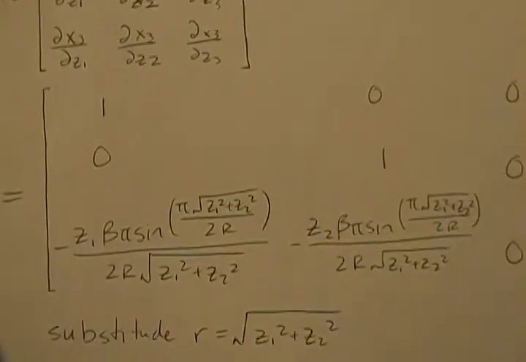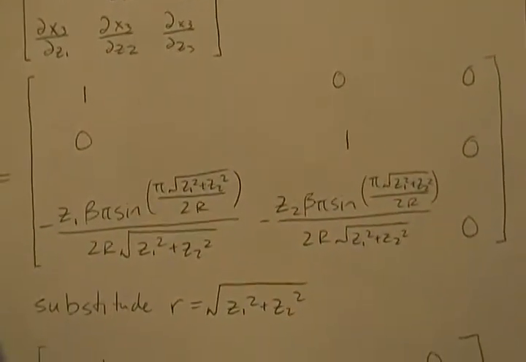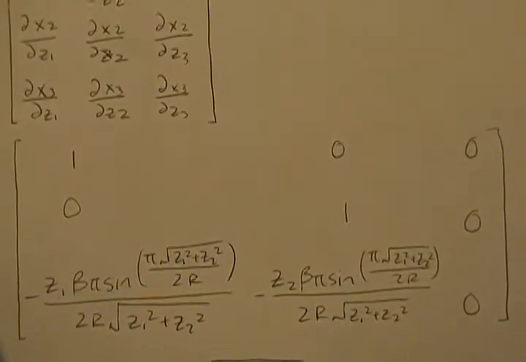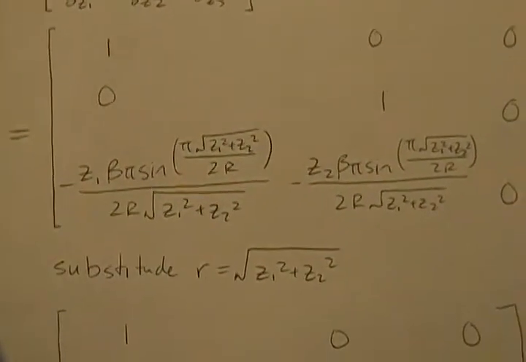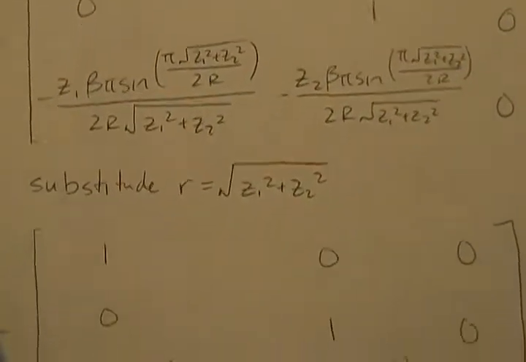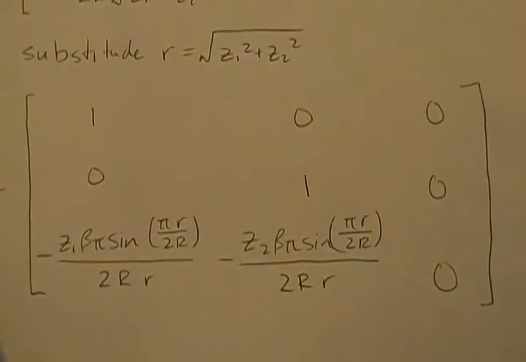We then apply this to the map that was seen in the problem statement, and we get a matrix that looks like this. We then substitute in r, the vector r, for simplicity, and the matrix then looks like this.